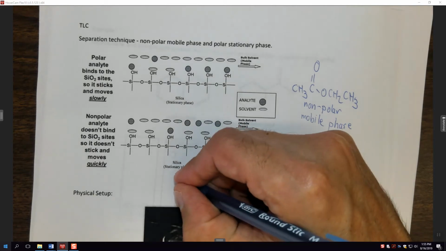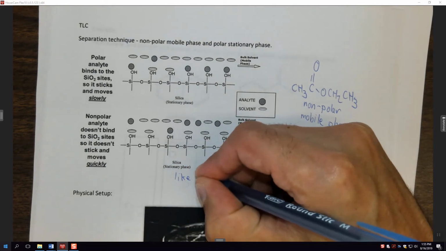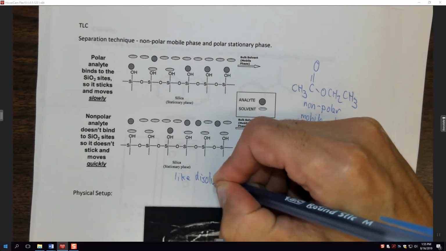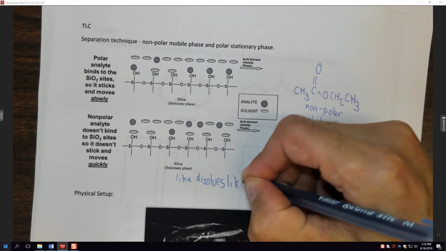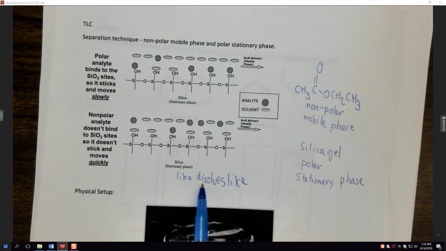You may remember the term, and it's similar, like dissolves like, which means that polar and ionic solutes dissolve in polar solvents. Another way of thinking about this is polar and ionic solutes have a strong affinity for polar solvents, and nonpolar solutes dissolve in nonpolar solvents.